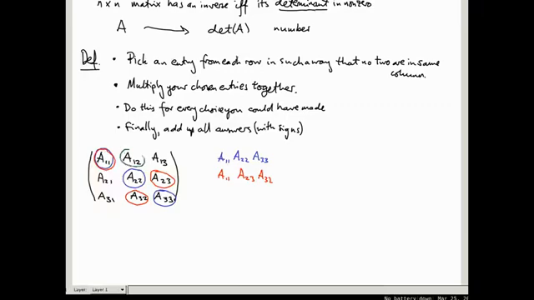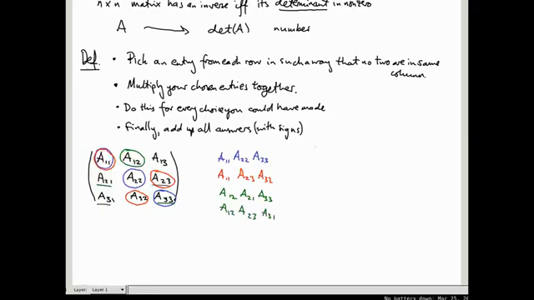And now moving along, if you pick A12 in the first row, then there's two choices. Below that you could do A21, A33 here and here, or you could do A12, A23, A31. That's here and here.